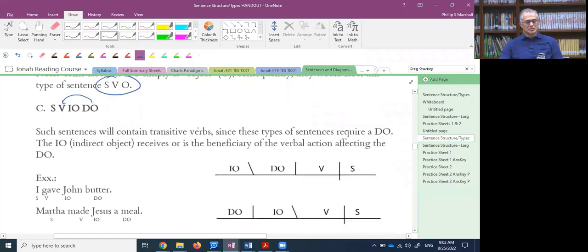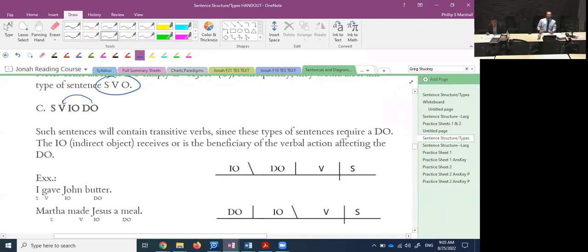And so the same thing is true with SVIODO sentences. But the verb is of a particular sort where I'm going to have three things that sort of swirl around the verb's semantics, a doer, an object, and then a recipient.